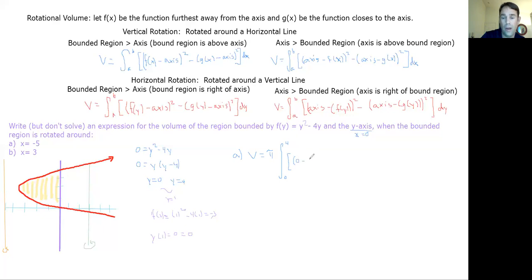And I'm going to subtract my axis. And then I'm going to subtract the smaller function from it. So that would be y squared minus 4y. And I'm going to subtract the axis from it. And the whole thing will be in regards to dy.